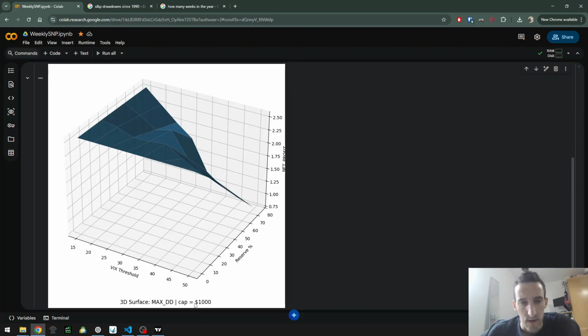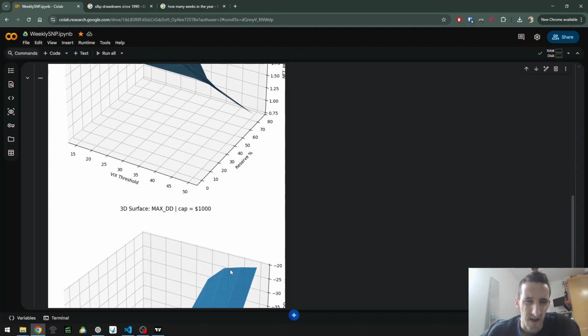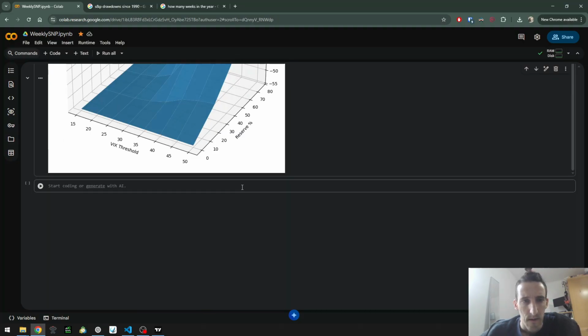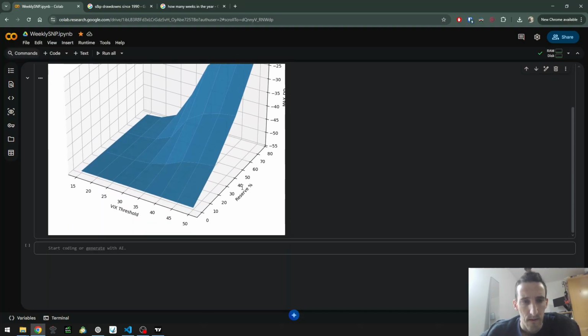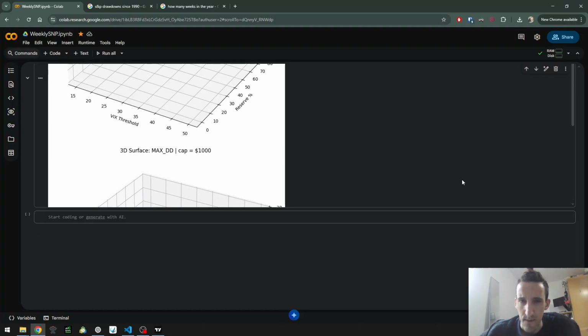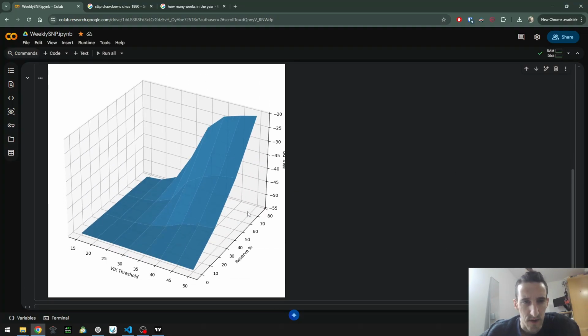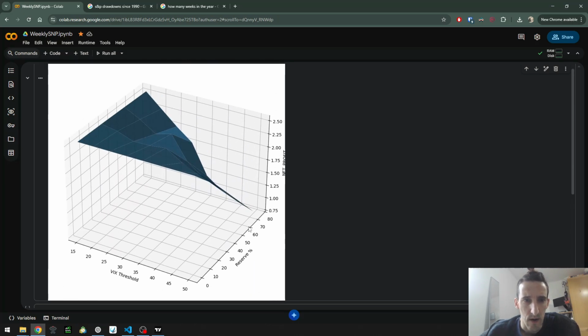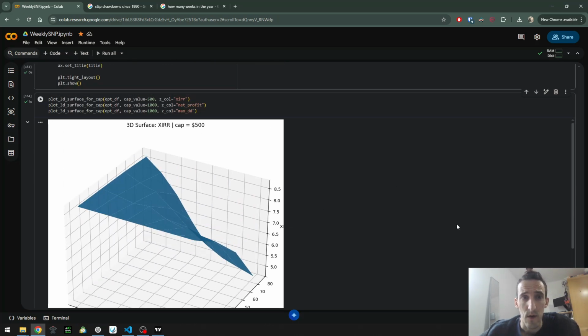Max drawdown. Well, those look cool, but honestly, I'm not getting much out of those. I'm happy if you do. I hope this helps in any way.